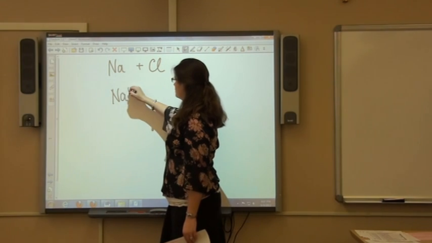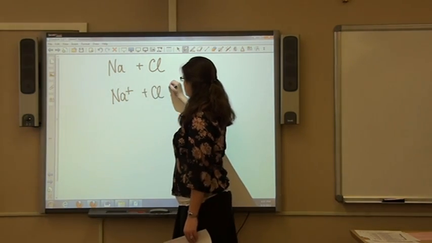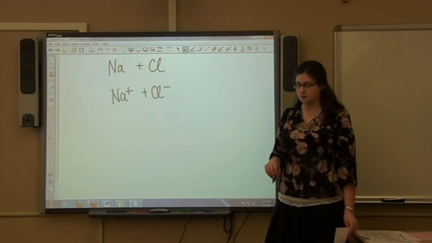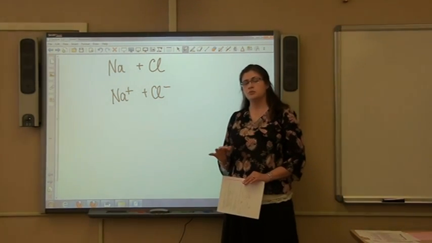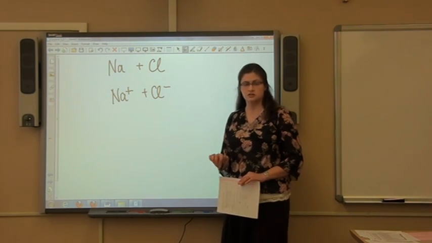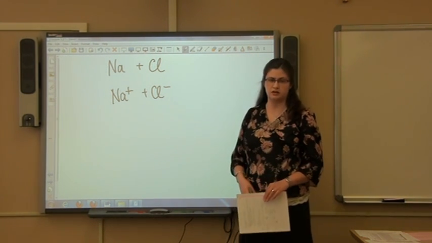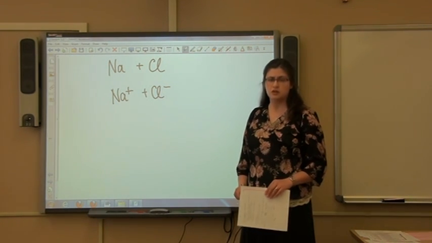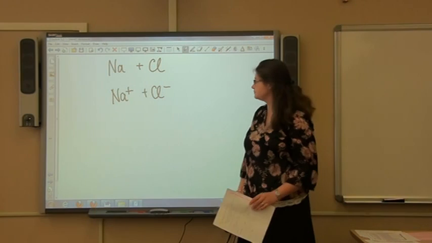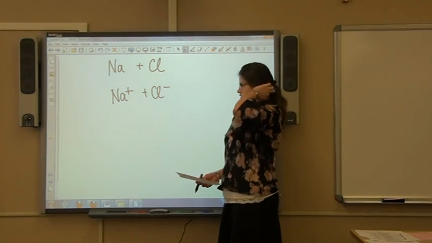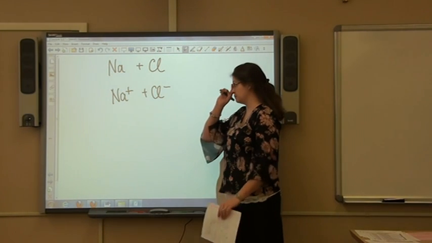So go back and look at your periodic table, and you'll see that sodium has +1 and chlorine is -1. It's really important that you know that we do not write the number 1 in charges. That's part of the convention of writing charges and elemental symbols. If it's plus 1 or minus 1, you just write a plus or a minus. So here we have sodium being plus 1 and chlorine being minus 1, and this is how it's written properly.